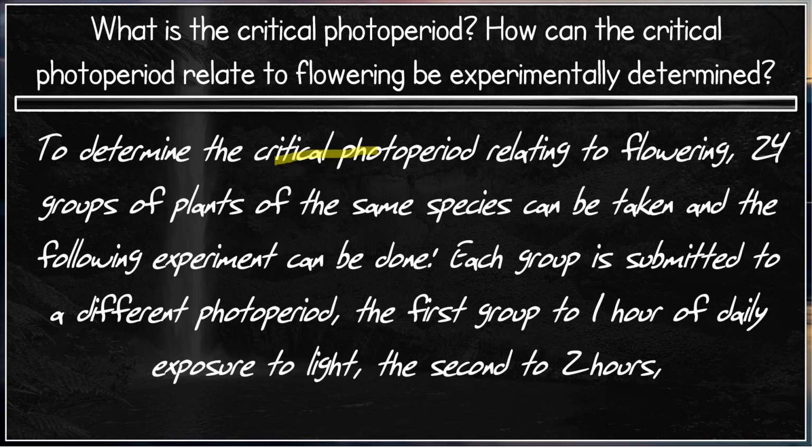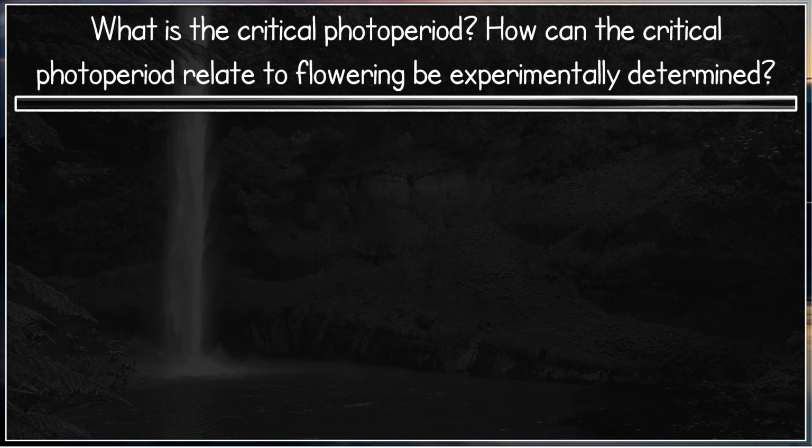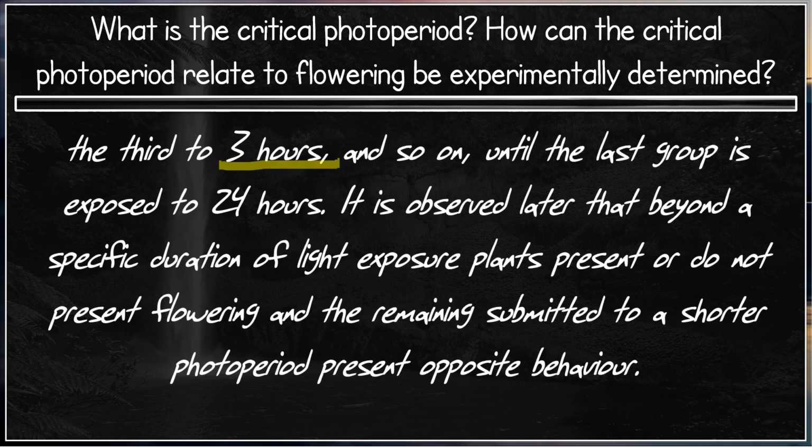To determine the critical photoperiod relating to flowering, 24 groups of plants of the same species can be taken and the flowering experiment can be done. Each group is submitted to a different photoperiod. The first group, 1 hour of daily exposure to light. The second, 2 hours. The third, 3 hours, and so on until the last group is exposed to 24 hours.